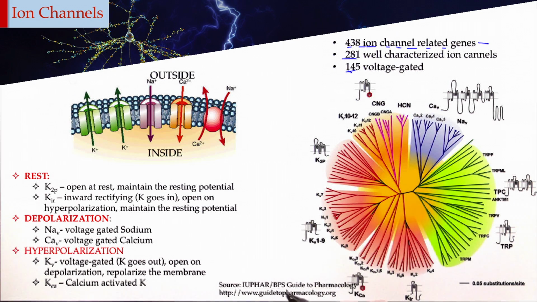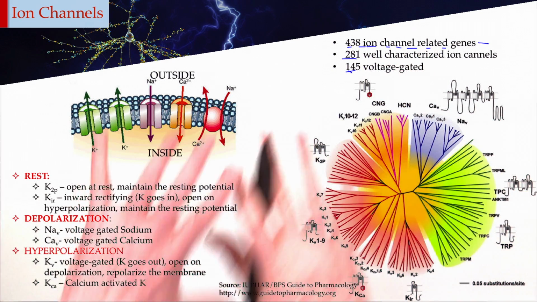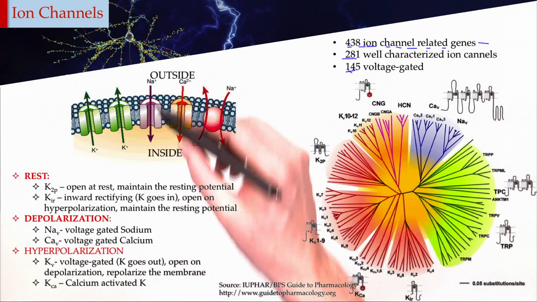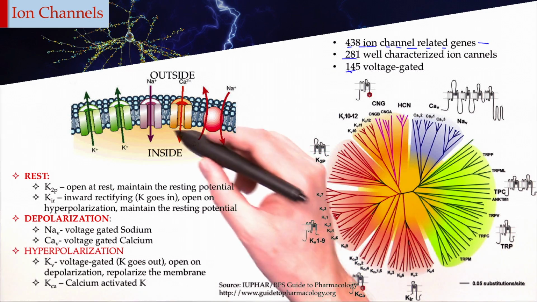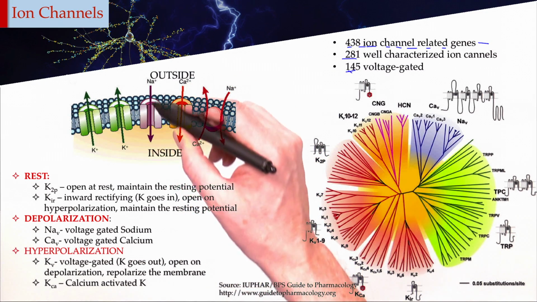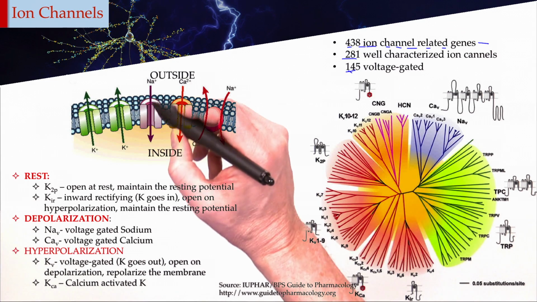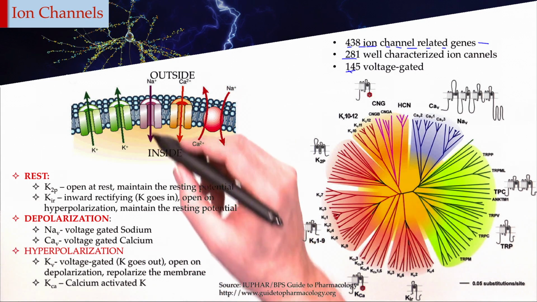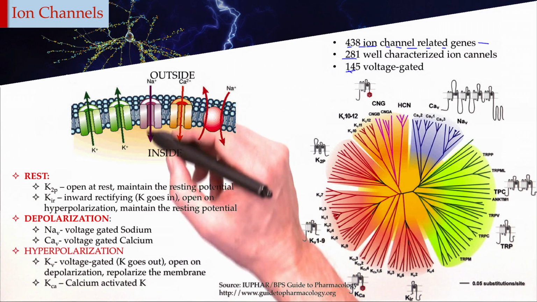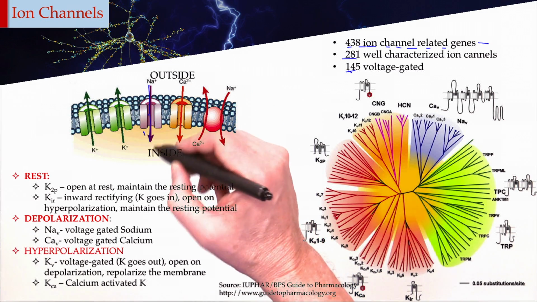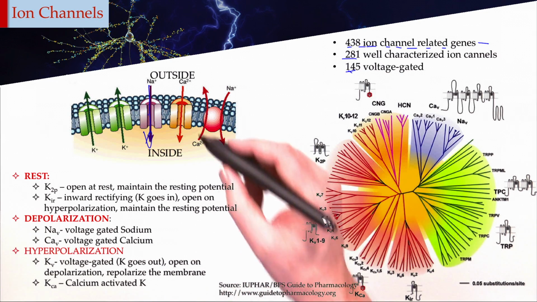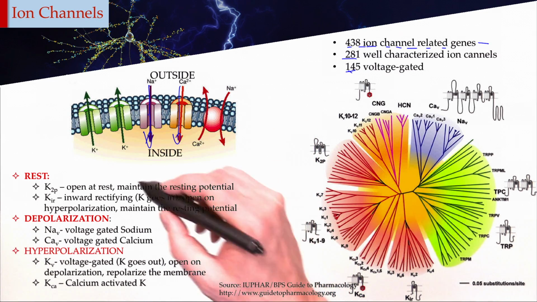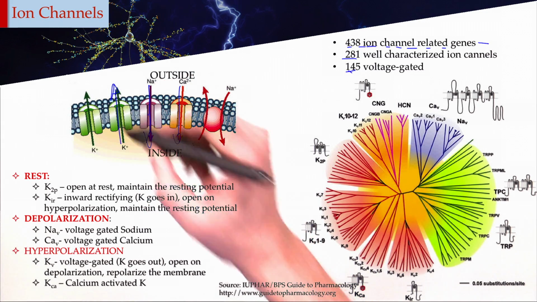Now, the way to make it easy to digest is, first of all, everybody should know that ion channels are special transmembrane proteins that selectively allow ions to flow through. You can have an ion channel that selectively allows sodium to flow through, for example, or specifically calcium, or typically potassium.